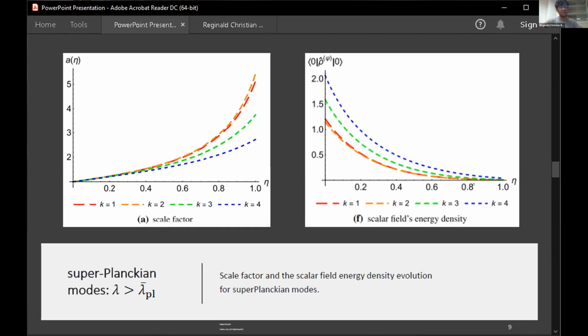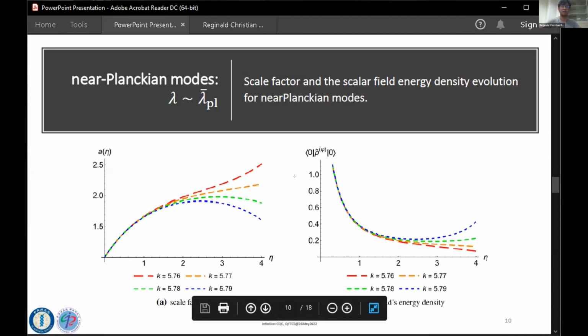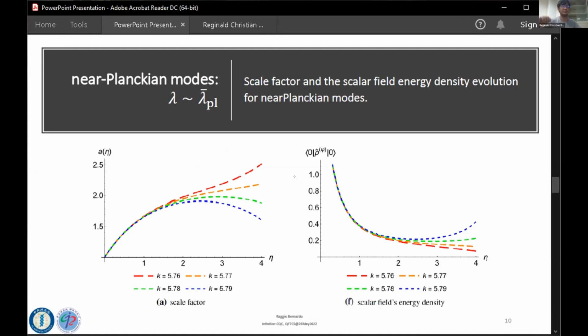Then we're seeing the effect here for near-Planckian modes. Now, as I tend to increase further, there's a short wavelength threshold. Apparently, when you drop below there, you draw away from an exponential expansion. Your scale factor stops transitioning to this accelerated exponential expansion.